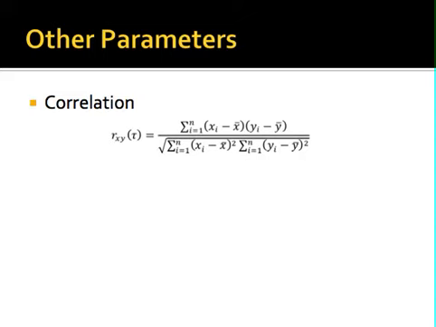The only other parameter that we really haven't mentioned is correlation. Correlation is not used a lot as a connectivity measure between EEG channels, and the reason is they usually aren't well correlated.